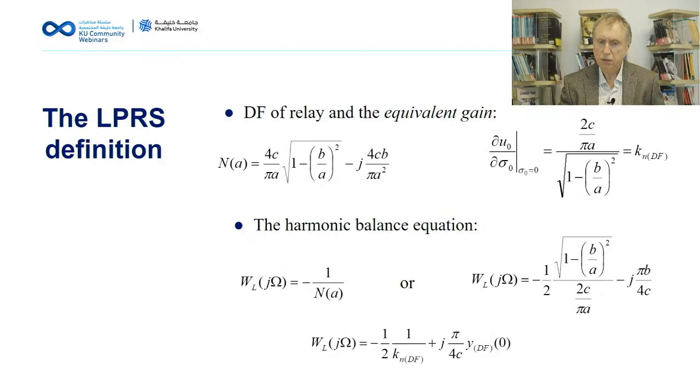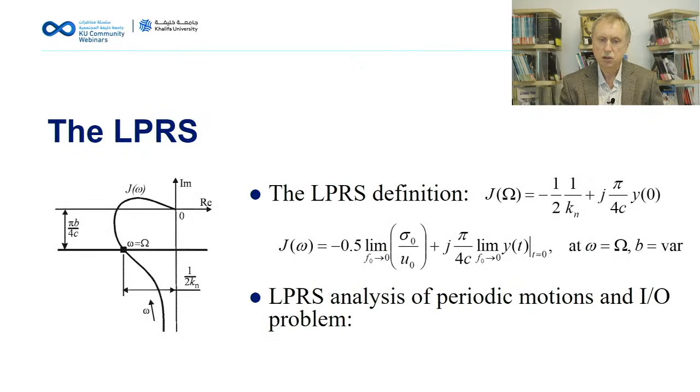So this is the formula that leads to this definition. We define LPRS, locus of a perturbed relay system, as the following dependence, in which the omega is varied by varying the value of the hysteresis b.